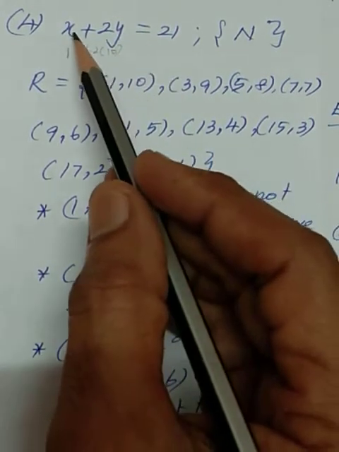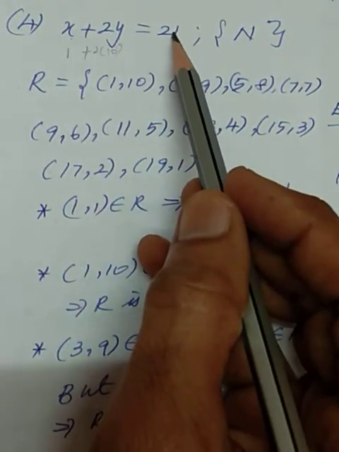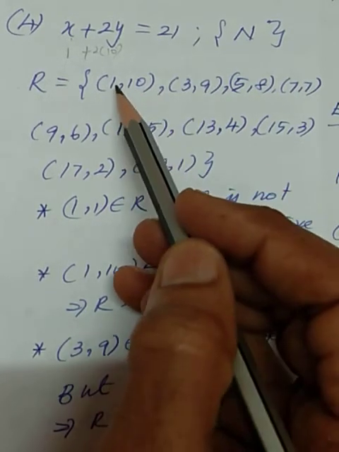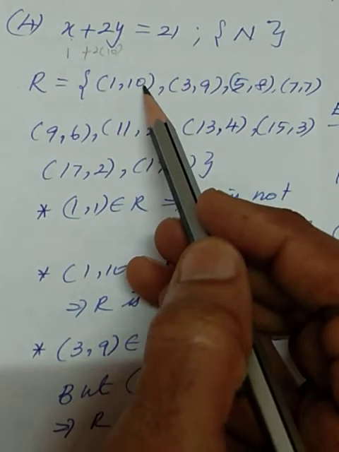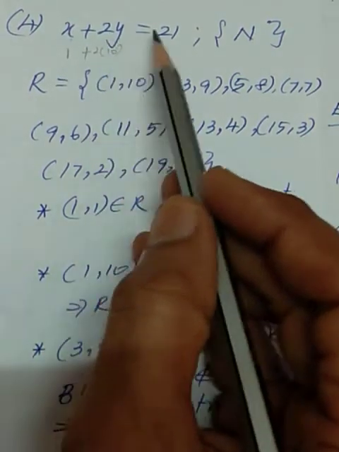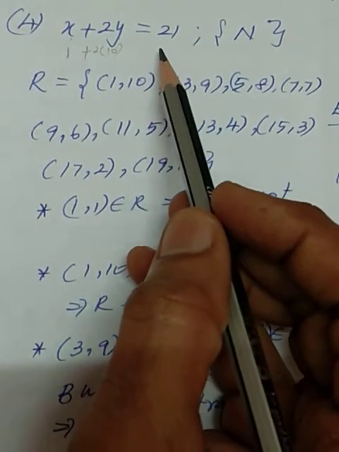Now you put x equal to 1 and find the value for y, it is better. If you put x equal to 1, then 2y equals 21 minus 1. 21 minus 1 is 20, so 2y equals 20, y equals 10. So the pair is (1, 10). If you put x equal to 2, what happens? Then 2y equals 21 minus 2, 21 minus 2 is 19.